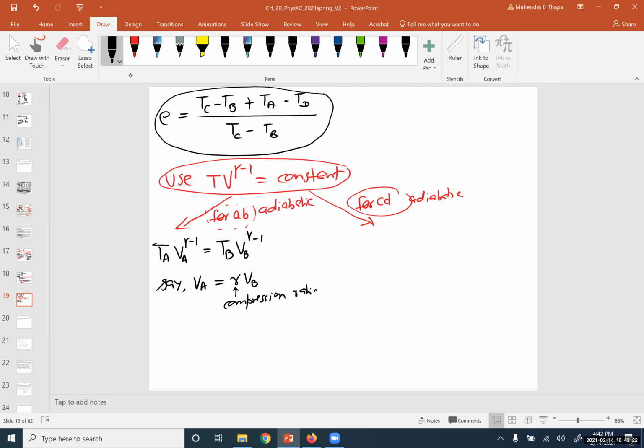If VB equals V, that will give you VA equals R V. We are using this thing over here.